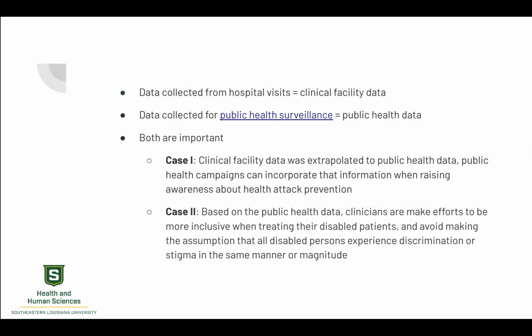And then with case two, you can have whatever data comes from public health, and use it when clinicians are interacting with their patients as a way of making them become more inclusive and not engage with patients as if they have the same experience of discrimination and stigma, because it may not be the case.